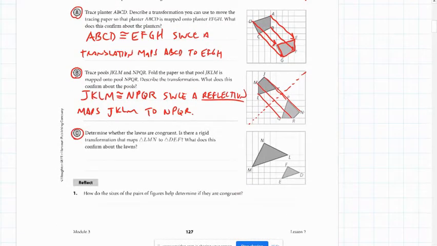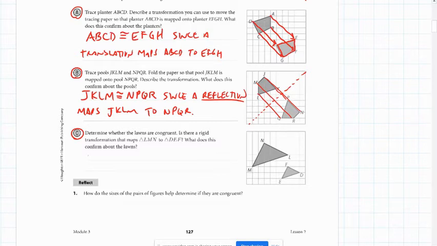For example C, this figure gets smaller, and so there must be a dilation. A dilation, remember, is not a rigid motion because the distances are not preserved. And so these figures are not congruent. They may be the same shape, but not the same size.